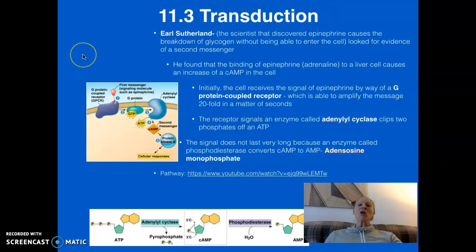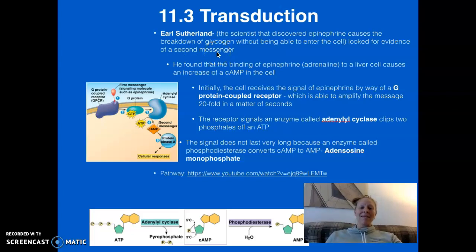So Earl Sutherland, we talked about him in the last class. He was the guy that discovered that epinephrine causes the breakdown of glycogen without epinephrine ever having to enter the cell. He said that there's got to be something else going on, this transduction pathway. So he was looking for second messengers.